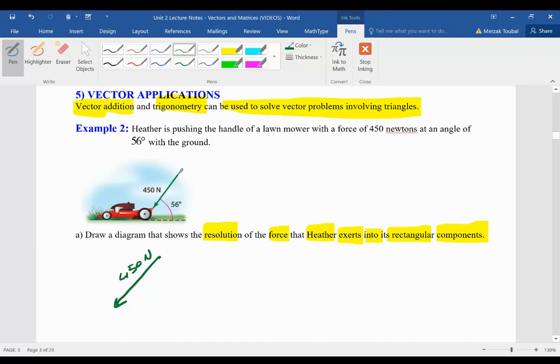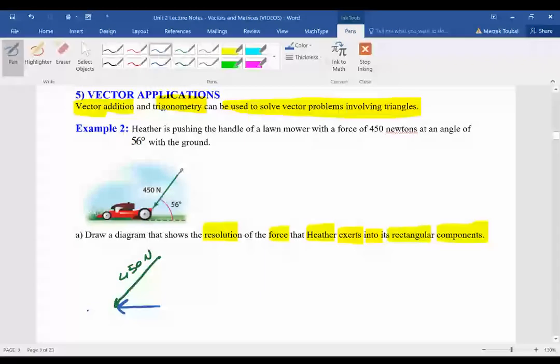Now, as she pushes the handle, the mower will move forward. It means that this force splits into a horizontal component. Let's use blue color. So as if she's pushing forward, but let's put it here.